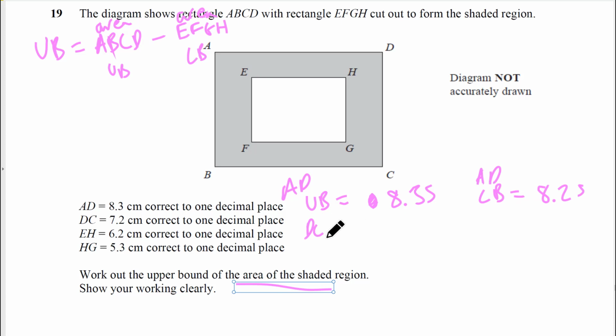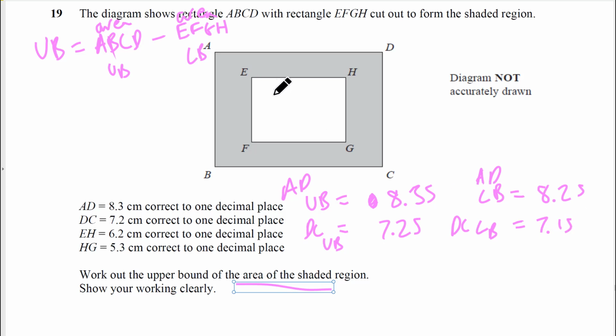DC upper bound is 7.25, lower bound DC is 7.15.